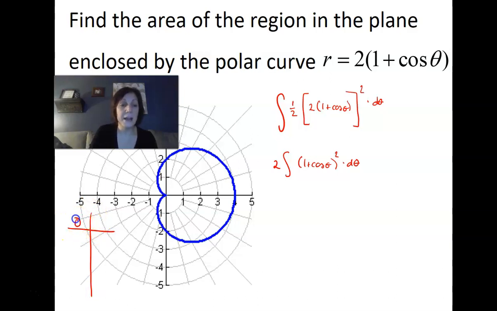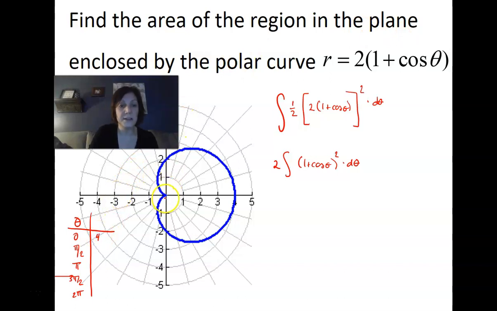I am literally just going to put in the least interesting values for theta ever and follow this curve, kind of like it's parametric. So when theta is 0, the cosine is going to be 1, so this becomes 2 times 2, or 4.